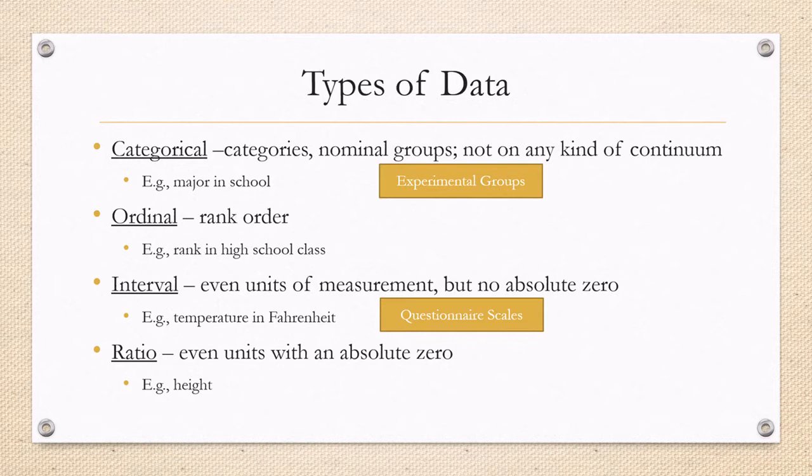Questionnaire scales are often treated as interval scales. Some would argue that the units are not always evenly interpreted, like on a scale of 1 to 5. But for ease of statistics, they are treated as such. Ordinal scales are not commonly used and require a different statistical strategy, and I'm not going to go into that in this presentation.